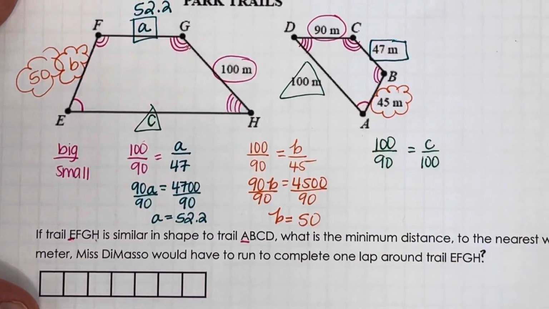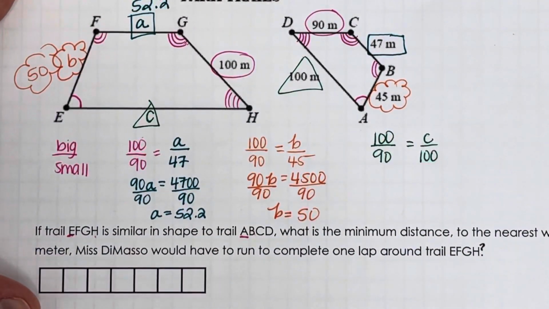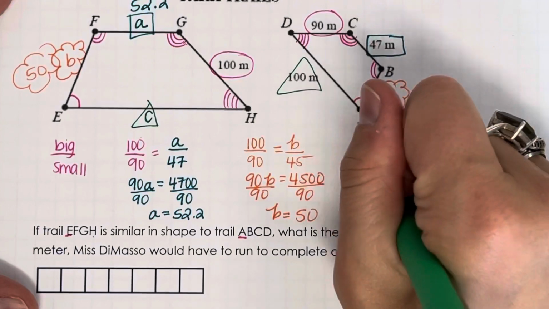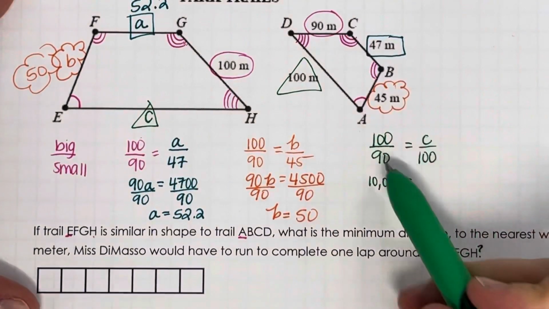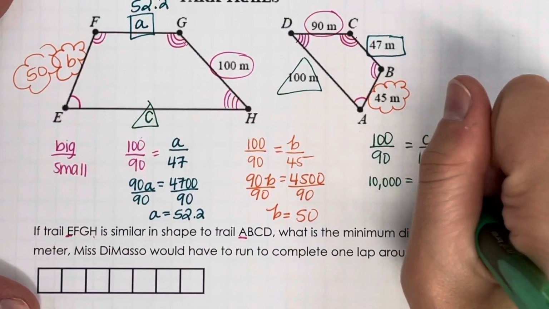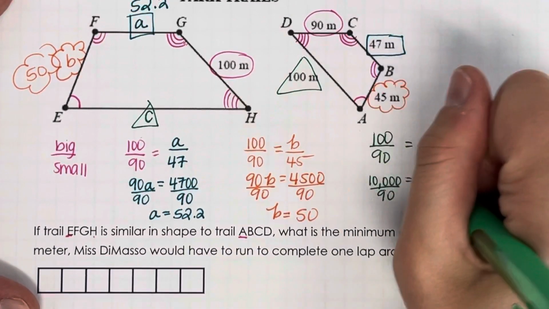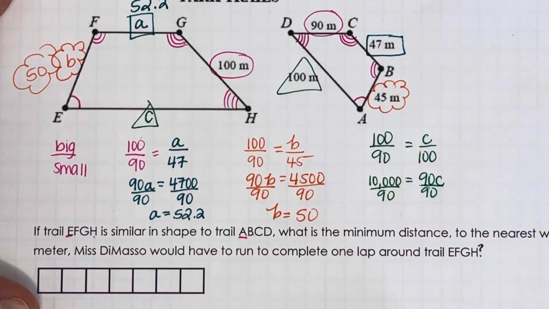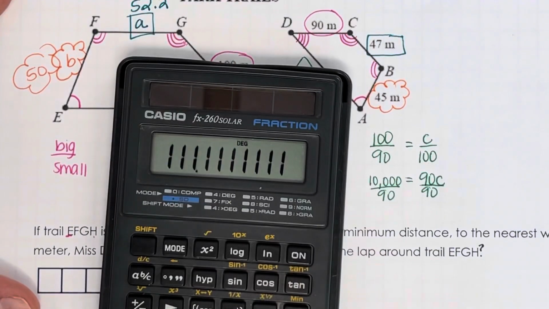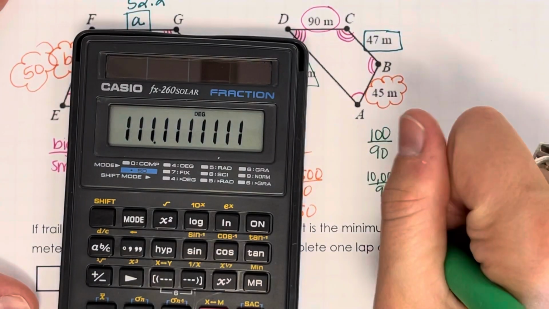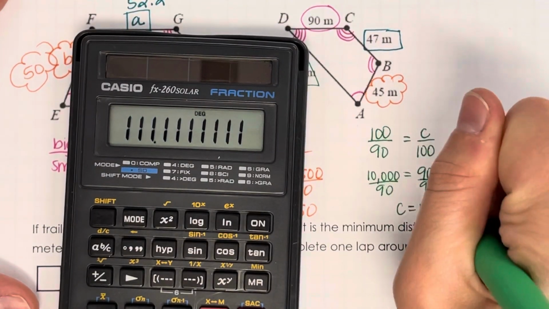Again, I cross multiply, so 100 times 100 is 10,000. 90 times C is 90C. Divide both sides by 90 to get the C value by itself. And I get 111.111 repeating.